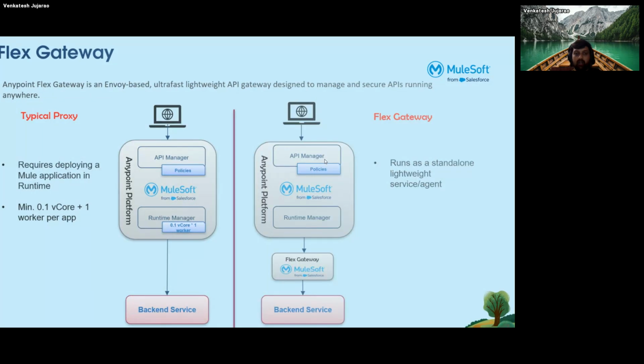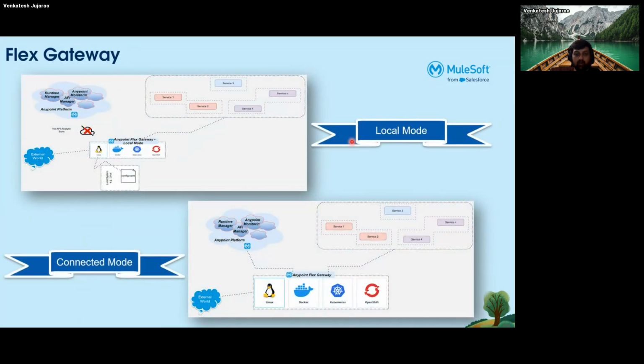There are two modes of Flex Gateway: local mode and connected mode. In connected mode, we connect to the Anypoint Platform runtime, so we can manage our Flex Gateway through Anypoint Platform, enforce our policies through API Manager, and monitor our applications through endpoint monitoring.